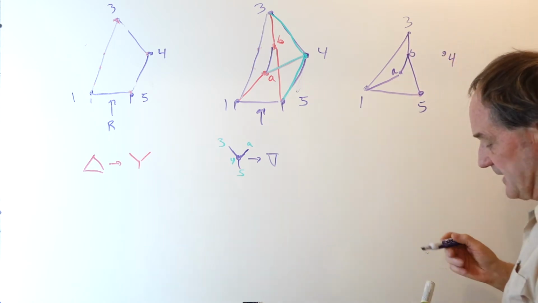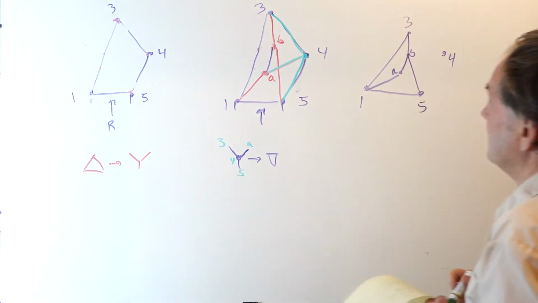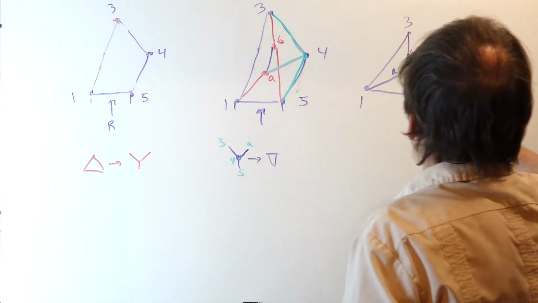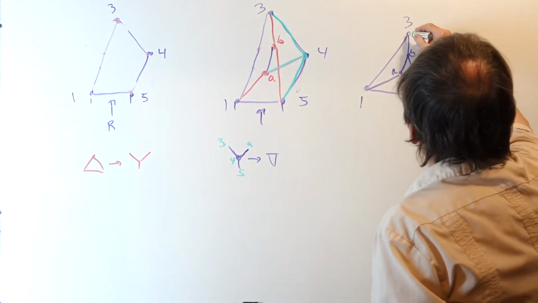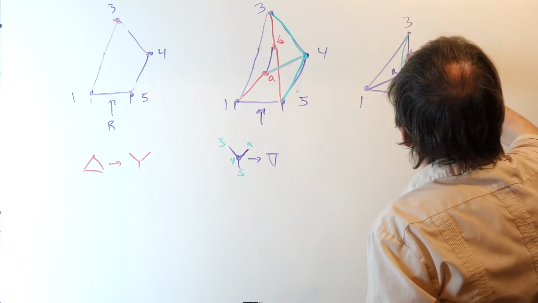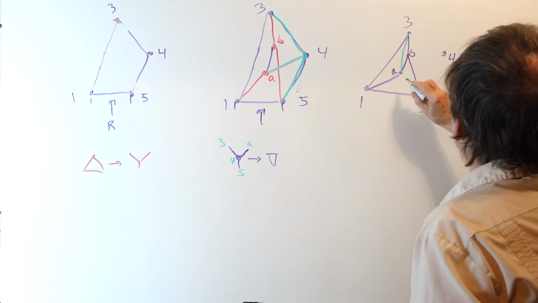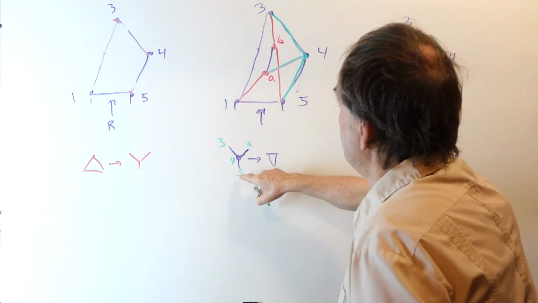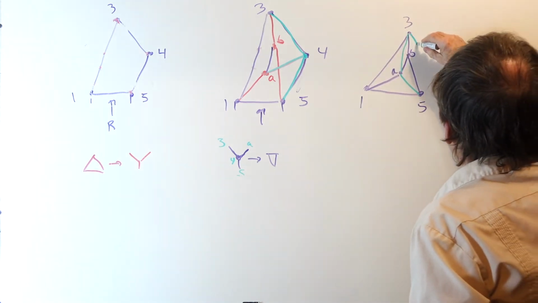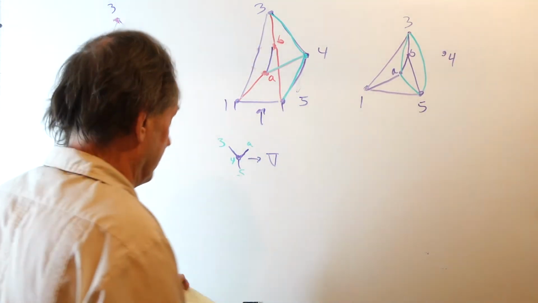And we're going to replace these 3 elements in the Y configuration with a delta. So the delta then goes between 3 and A. So we have one going from 3 to A, then A to 5, and 5 to 3. That's the next step that we have here.